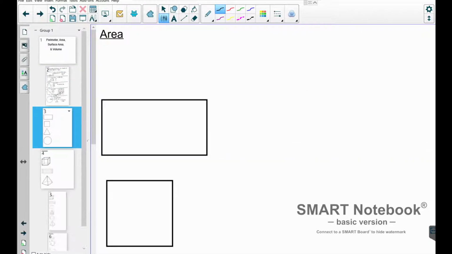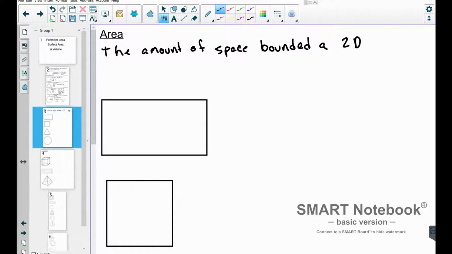Let's move on to area. Now, area is a little bit different, but it's just as simple, in my opinion, to solve for. So we define area as the amount of space bounded by a 2D flat geometric figure.